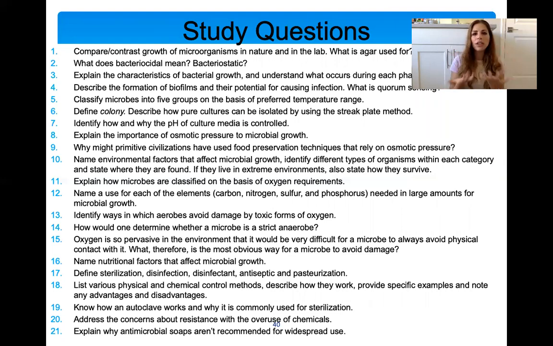And then after learning all of these, we learned about how, once you know all of these, how do we control microbial growth? So we talked about physical methods and chemical methods. So physical methods such as heat, radiation, filtration, and chemical methods such as using Lysol and alcohol and various alcohol-based sanitizers.